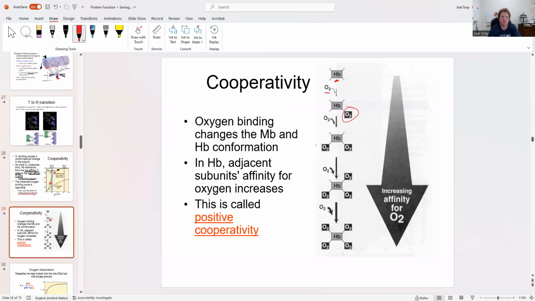Hemoglobin with two oxygens bound has a higher affinity than hemoglobin with one oxygen bound. We get that third oxygen, and ultimately the fourth oxygen binds. So as hemoglobin binds more and more oxygens, it wants oxygen a lot more.